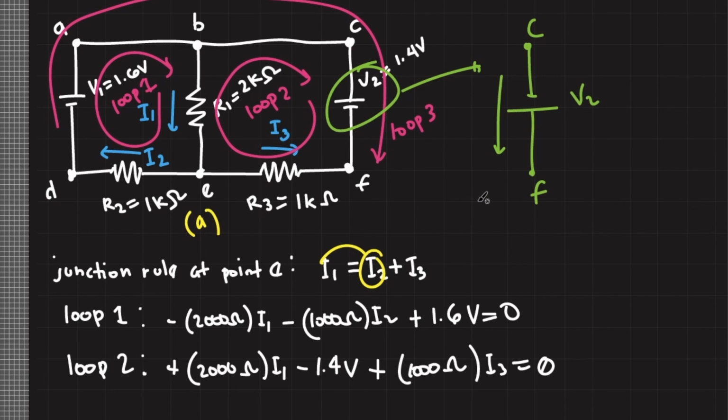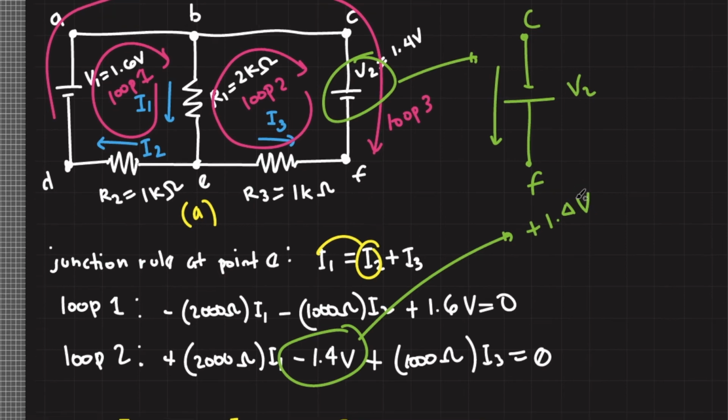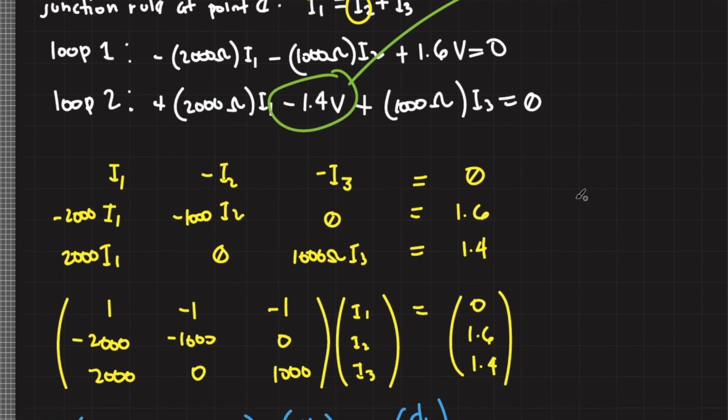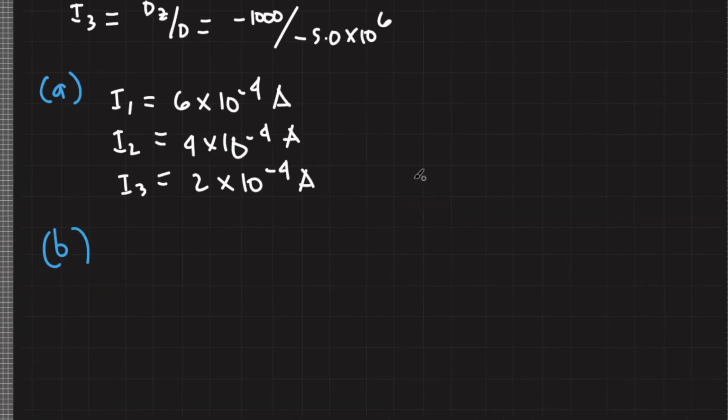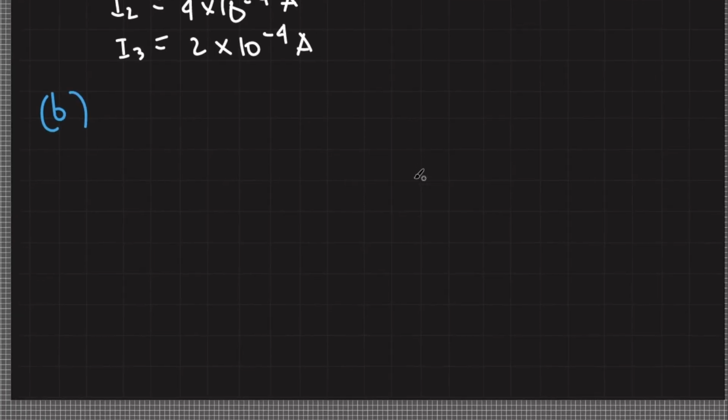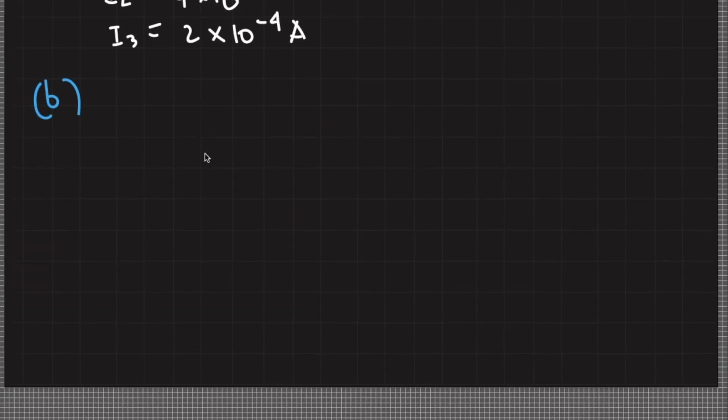So in effect, its only difference is the change in the sign of this loop 2 equation. So this will become positive 1.4 volts. So in our original matrix, this will just become a negative sign. So let's rewrite the matrix here, but replacing positive 1.4 volts with negative 1.4 volts.